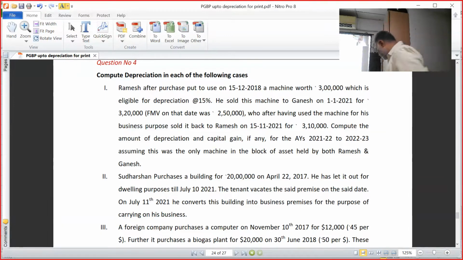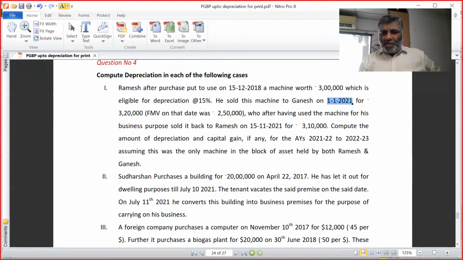Read it. So for Ramesh, there are two things. One, he has purchased that machine and transferred that machine in the financial year 2021.